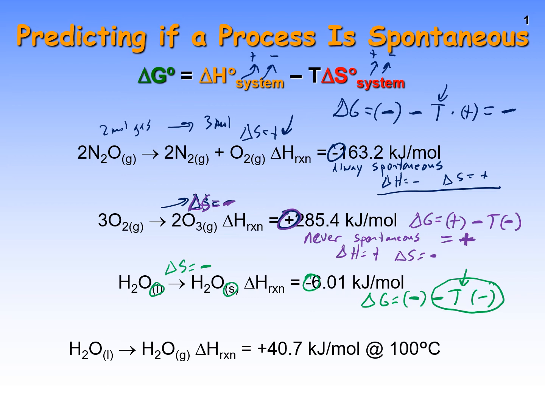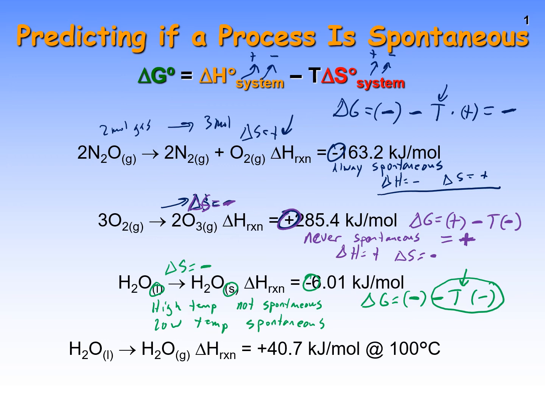What this tells me for this system is that at high temp, the system is not spontaneous. And at low temp, the system is spontaneous. Now, I don't have an exact number for what temperature is low and what temperature is high. That depends on the magnitude of our delta S and our delta H. But the lower the temperature is, the more spontaneous this reaction will be. And the higher the temperature, the less spontaneous it'll be.